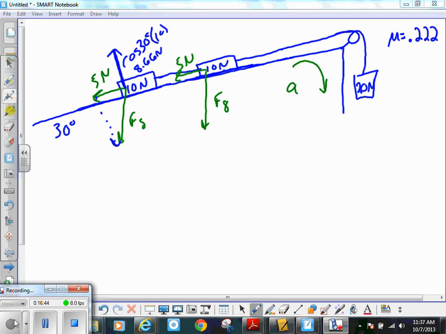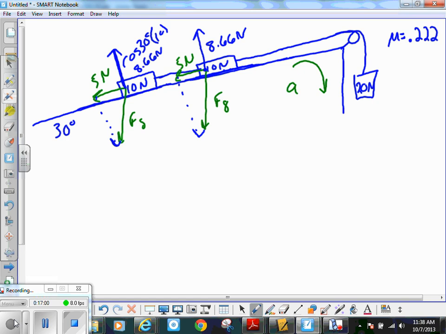So we can just go ahead and say that we have another force normal here that's equal to 8.66 newtons, keeping in mind it's fighting off this part of gravity, and that's why it's cosine theta Fg.